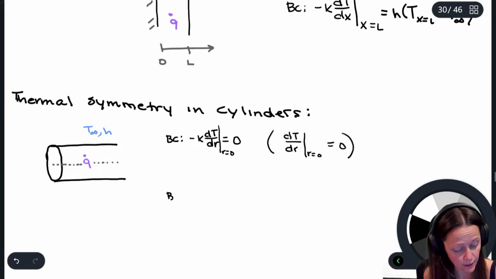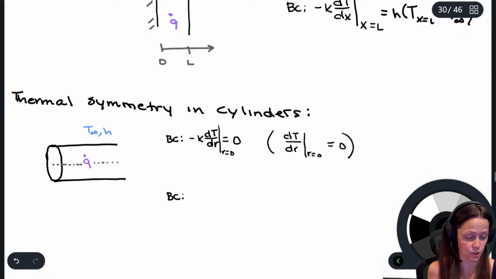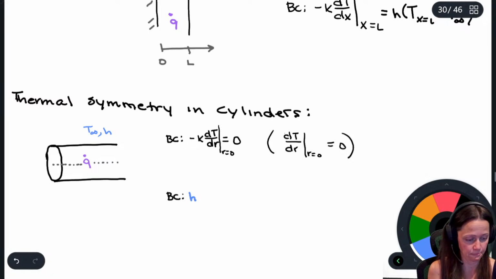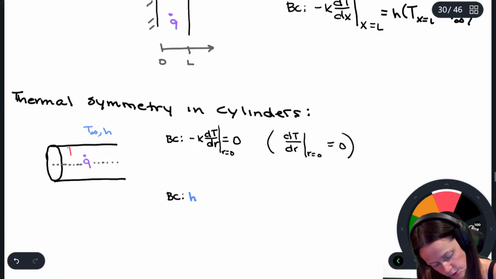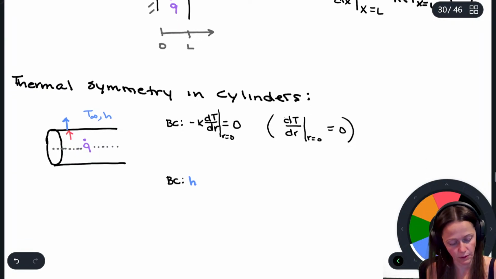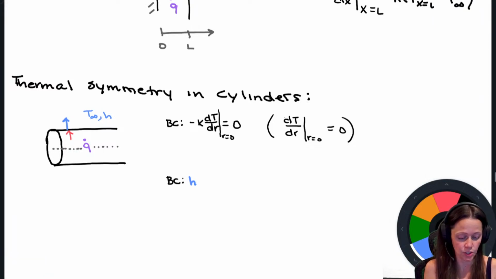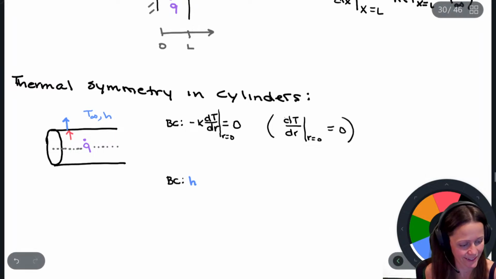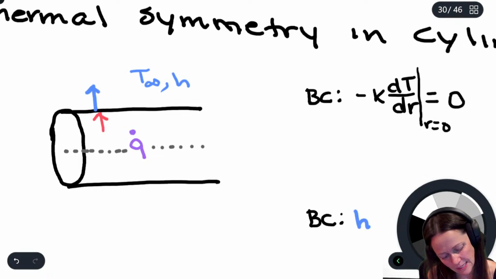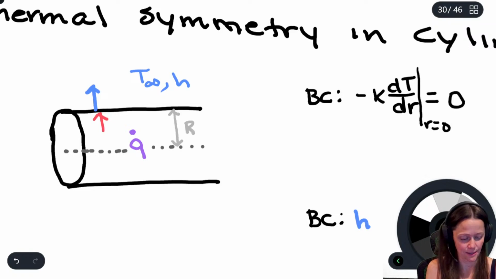And then you'd have another boundary condition for the convection. So you'd have conduction and convection at r equals R, big R. So if we said this distance right here, I'm going to use this as a big R just to indicate that it's the outer radius.